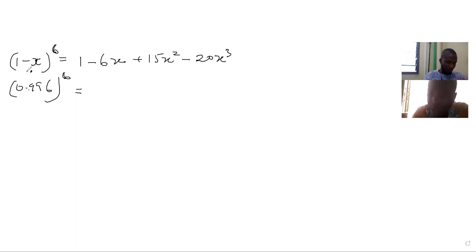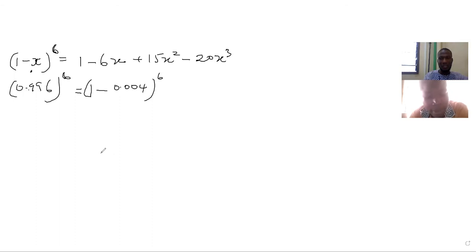So it is 0.004. If that is 0.004, then according to the explanation I gave you, 0.996 will be the same as 1 minus 0.004, all power 6. Do you agree?